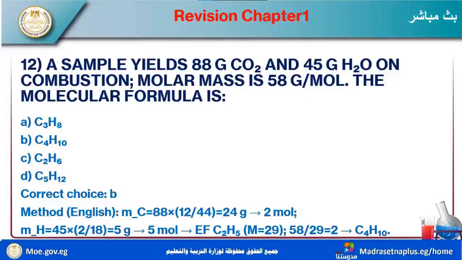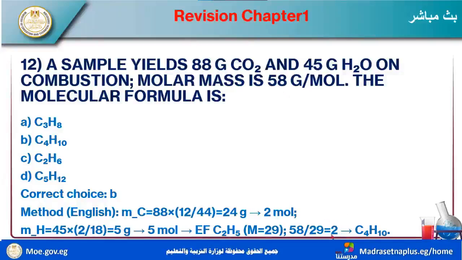The empirical formula is C2H5. How can you use this C2H5? We have C2 and H5. Calculate the molar mass of C2H5: 2 times 12 plus 5 equals 29. The molar mass is 58. Divide 58 by 29 to get the number of units of the empirical formula, 2 units.